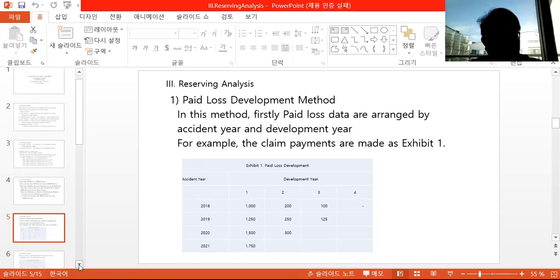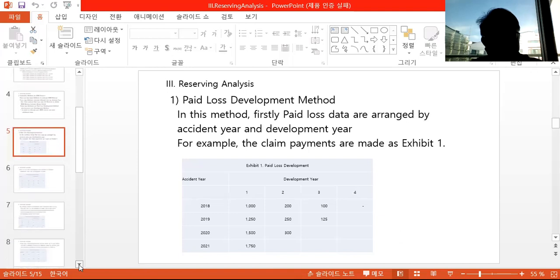Also, you see for accident year 2019, the first year the claim payment is $1,250, the second year is $250, and the third year is $125. And then for accident year 2020, in the first year $1,500 is paid, and in the second year $300 is paid.